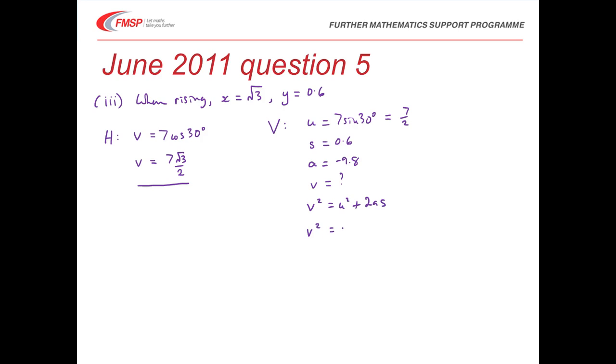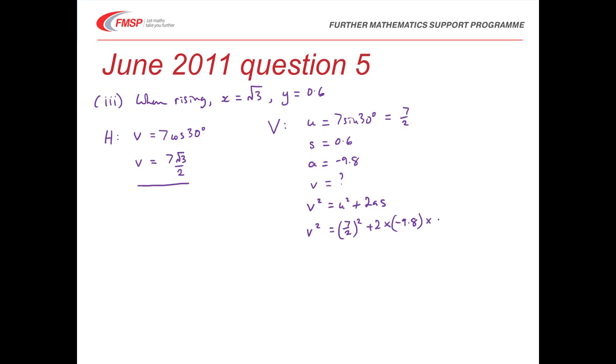And v squared equals u squared, well, that's 7 over 2 squared, which of course is 49 over 4, plus 2 times a, and a is minus 9.8. By the way, I said minus and I should have written the plus here and reserved the minus for in front of the 9.8.